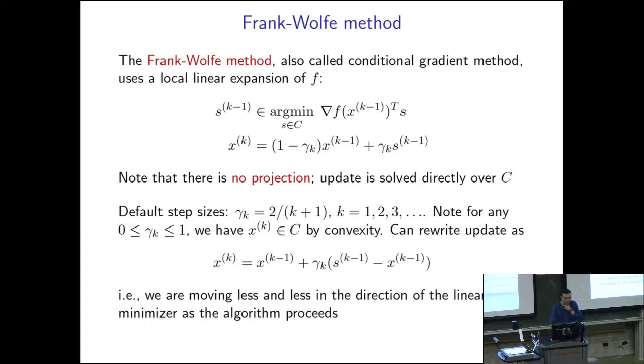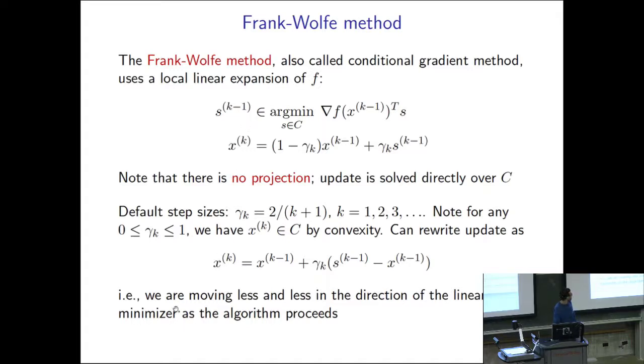So sometimes you'll see the updates written like this, and sometimes you'll see that I define this difference to be, for example, v, and then I could write a rule for v up here. So it's just an equivalent formulation, whether I'm solving for the update direction or for the linear minimization point itself, S.